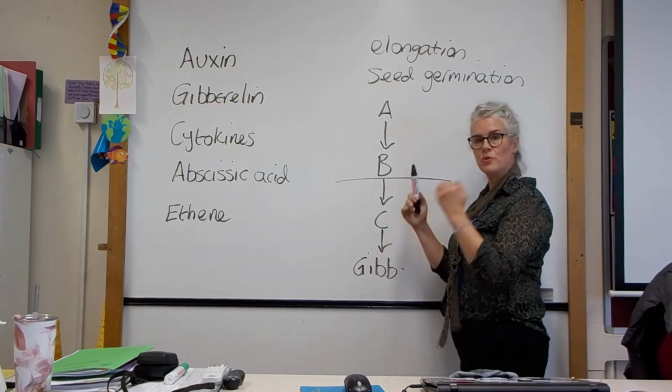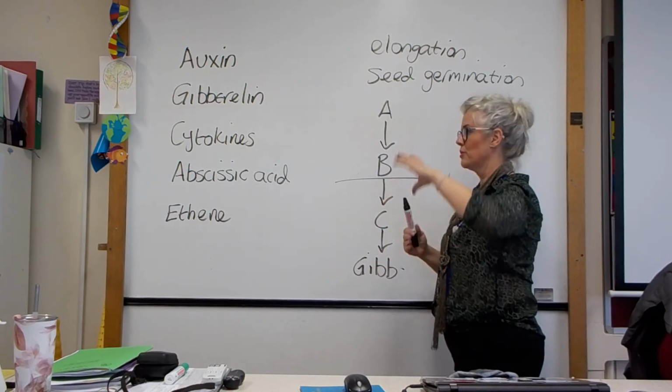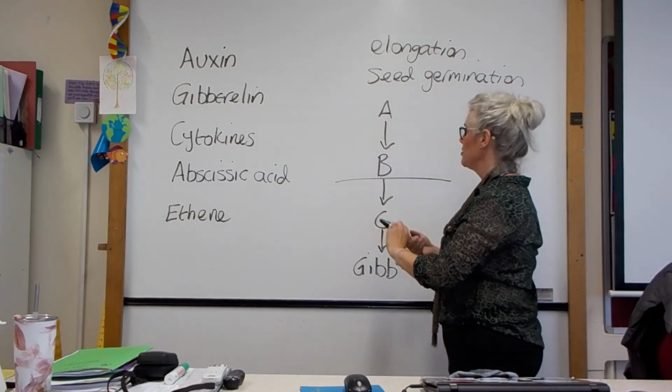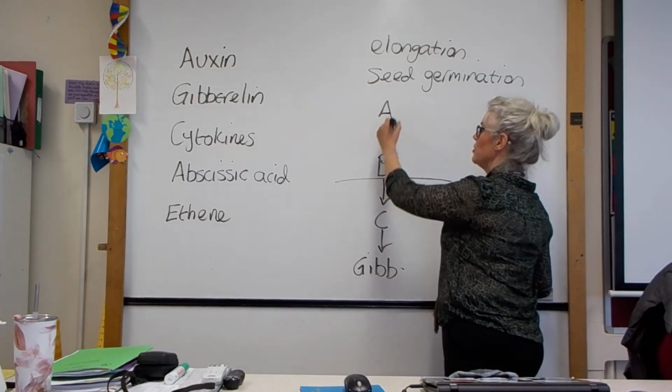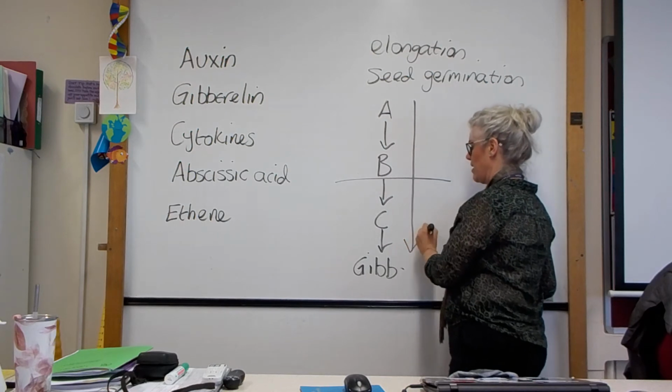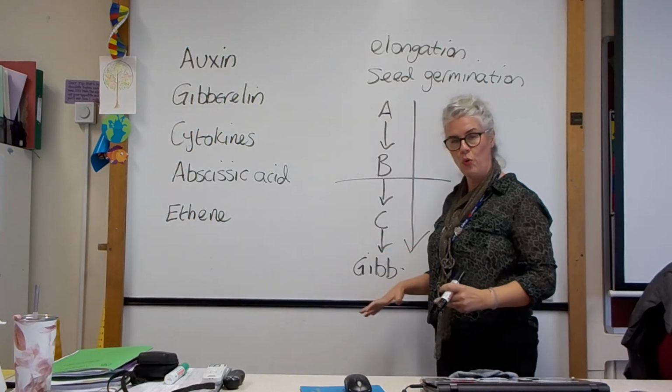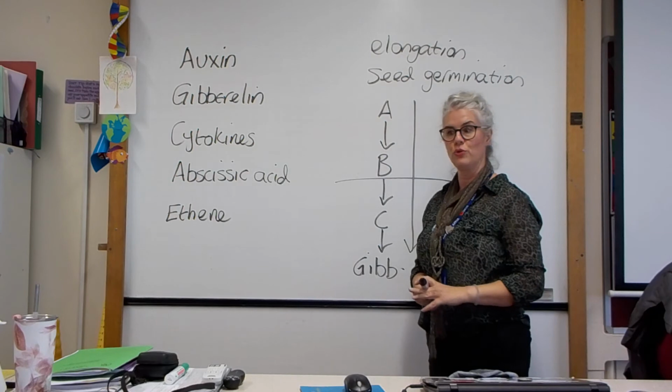So what they did was they grafted these two plants together. They took the top half of one and the bottom half of another, stuck them together. And when you do that, you then have that complete pathway. And so those dwarf plants could then grow tall.